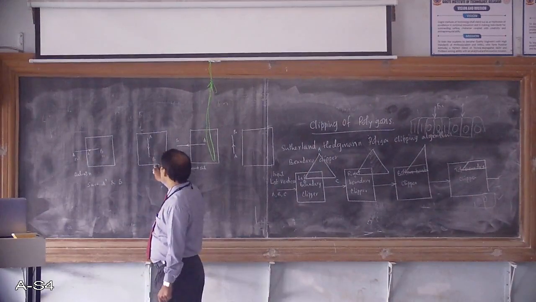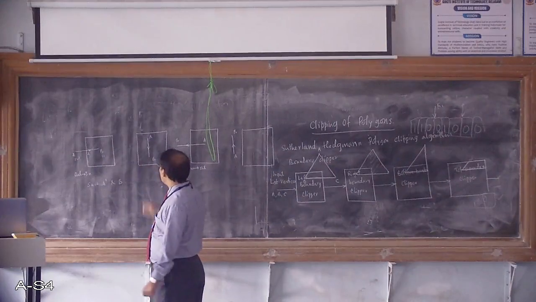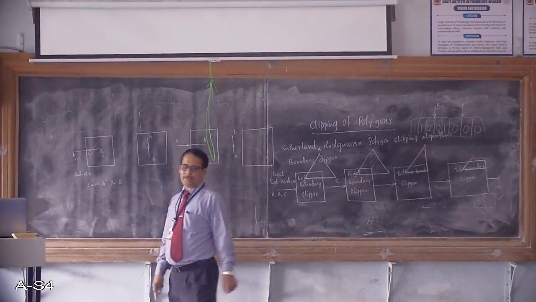Here in this case you have an edge AB in which A and B are the two vertices.